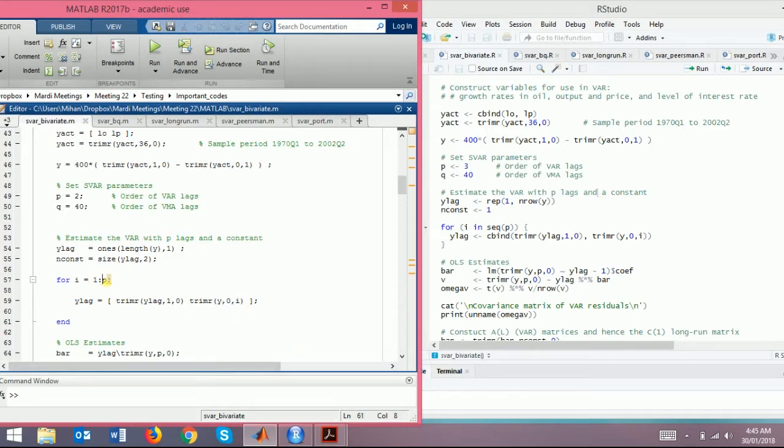If number of lags is 1, the last one that will be removed is 1. If number of lags is 2, the last one removed is 2. If number of lags is 3, then the last one eliminated will be 3. So level and lag, yt then phi 1 yt minus 1.